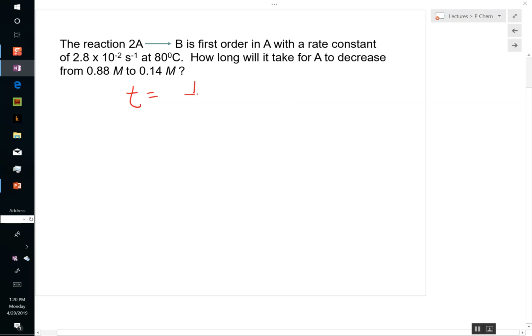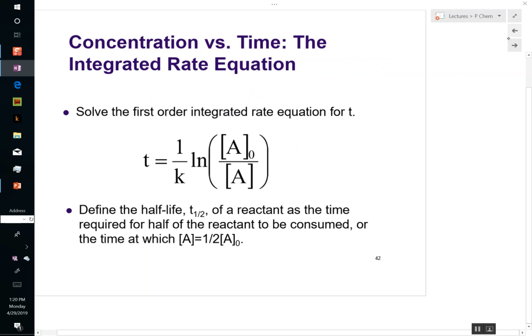Time is going to be equal to 1 over k times the ln of the initial over the final. Is that the equation we had? Yeah, right here.